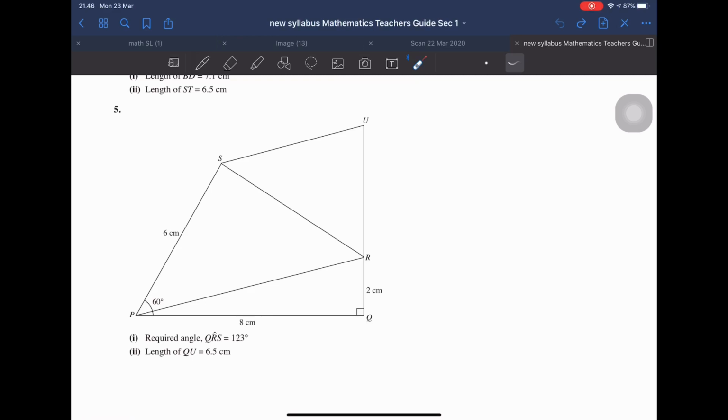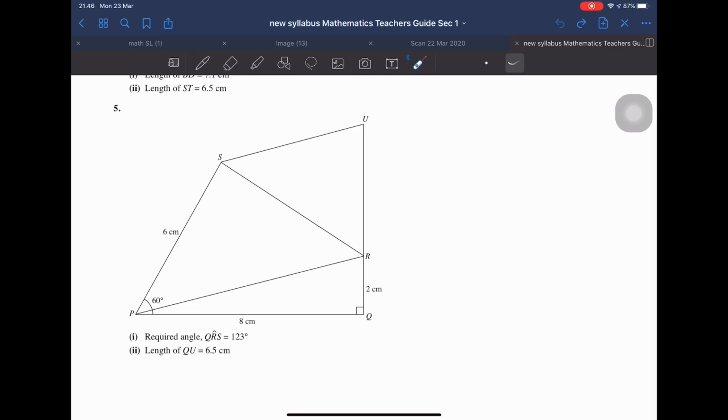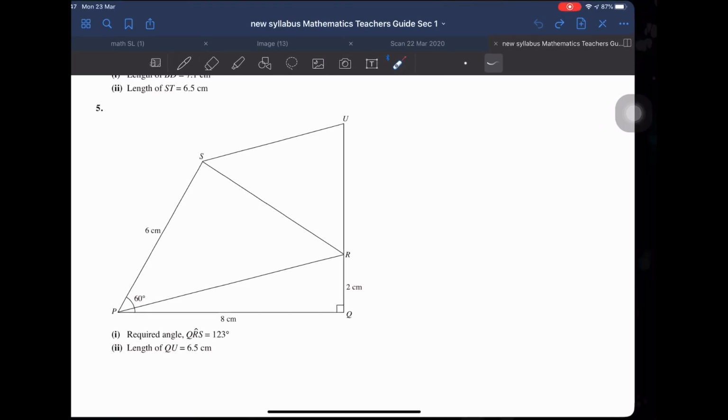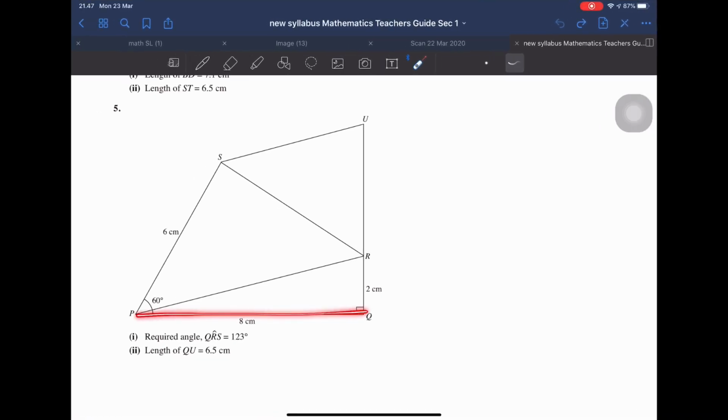quadrilateral PQRS. First, make the base as usual, PQ 8. After that, make QR, which is 2 cm, but we don't know how many degrees.